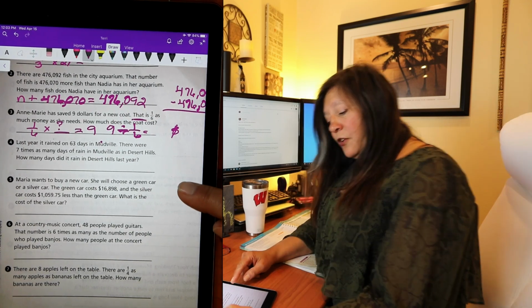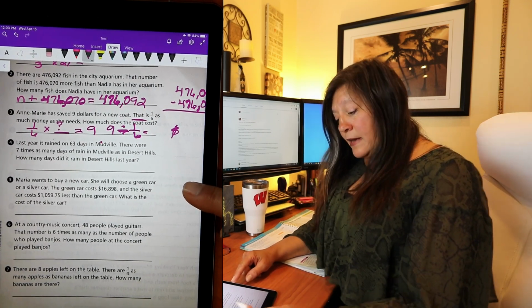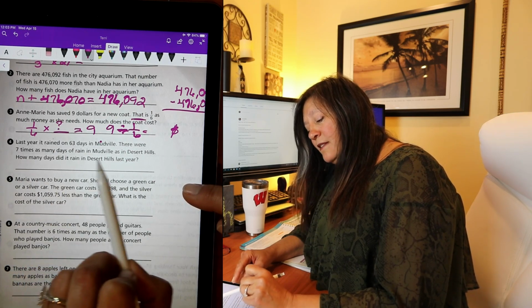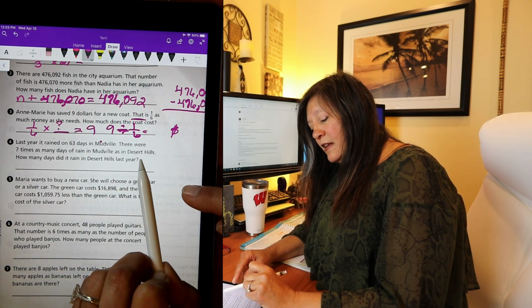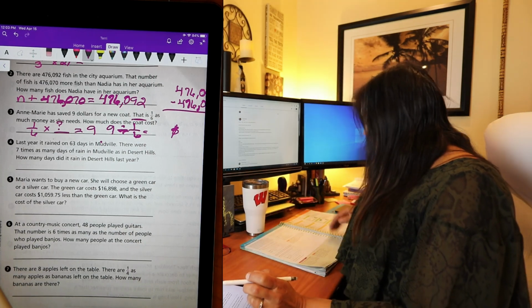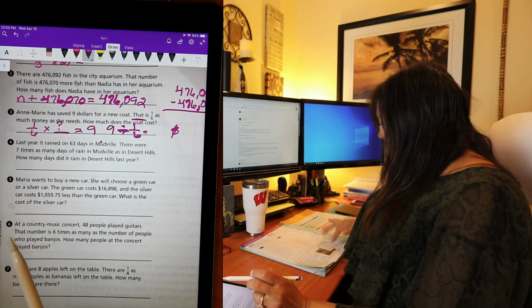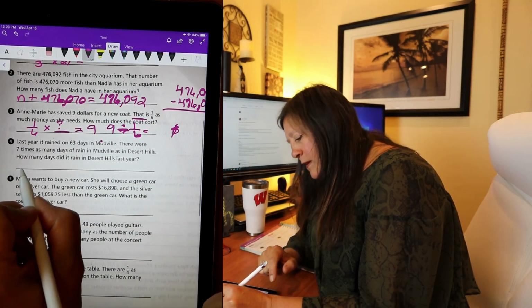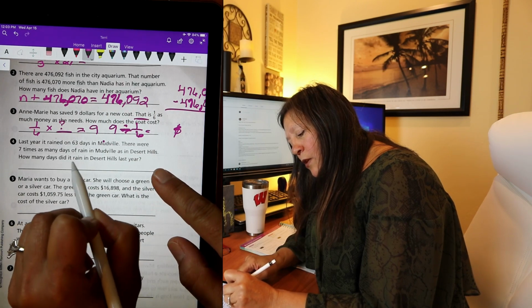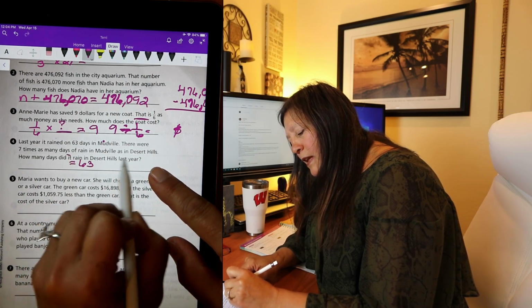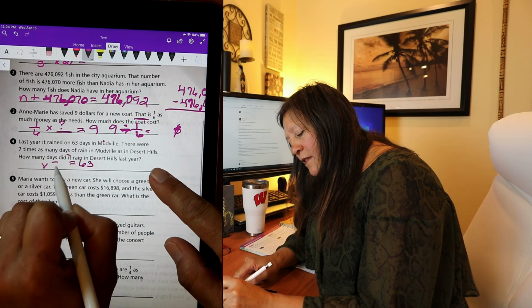Number 4, last year it rained 63 days in Mudville. There were 7 times as many days of rain in Mudville as in Desert Hills. How many days did it rain in Desert Hills? Okay, so that means that we know how much it rained in Mudville. 7 times as many in Mudville as in Desert Hills.